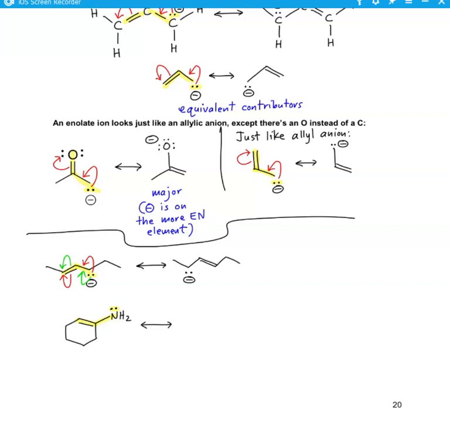So you have lone pair next to double bond. So you do exactly the same thing that you do with the allyl anion. Start at the lone pair, put the lone pair into a double bond, and then break out 2 electrons from the double bond and put those onto the atom.